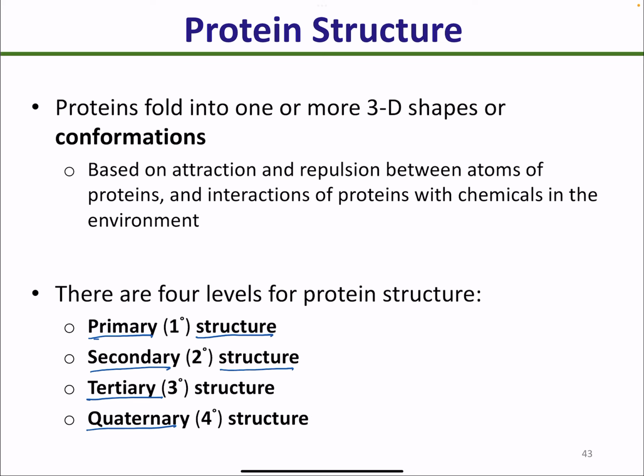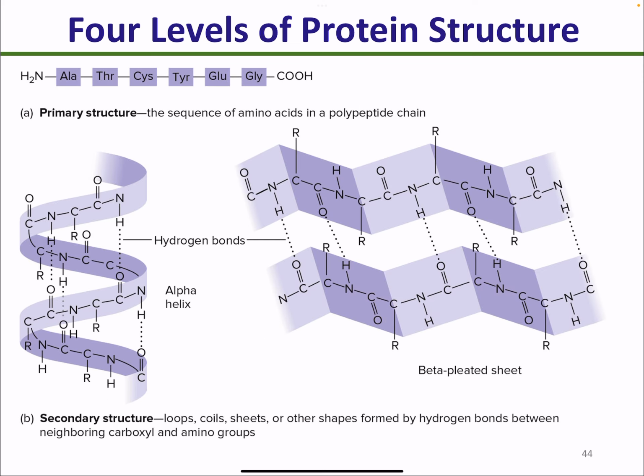The difference is that the primary structure is nothing but the sequence of amino acids on a polypeptide chain. Okay? That is the initial molecule that is produced when translation is over.